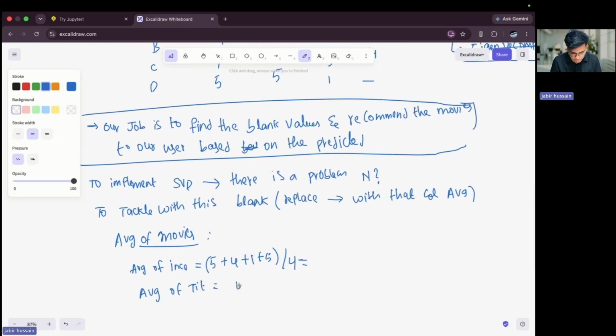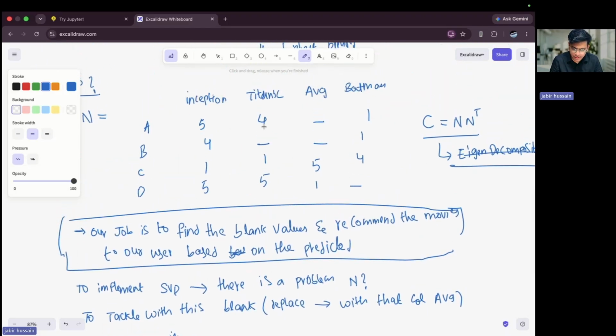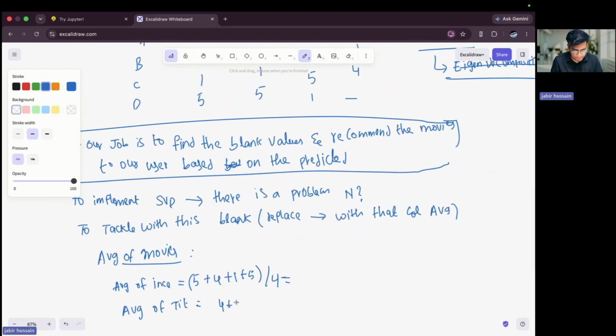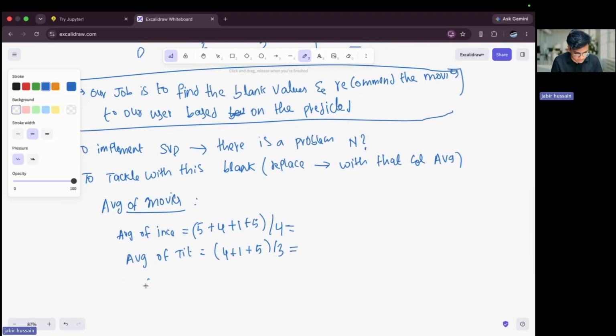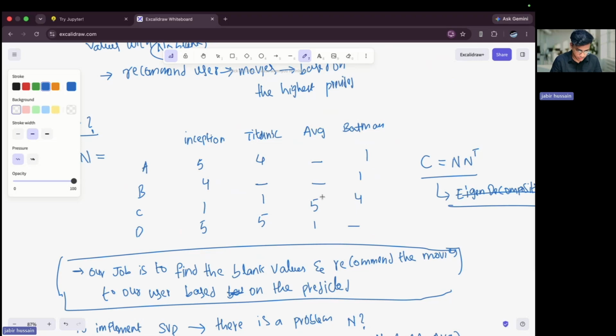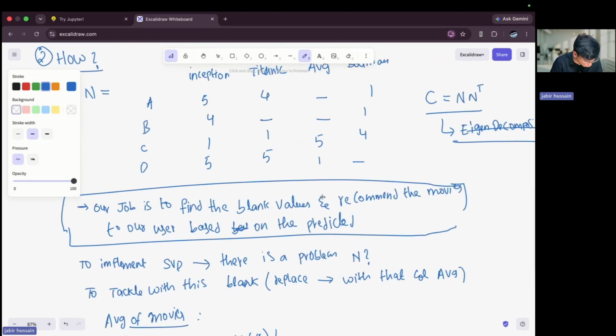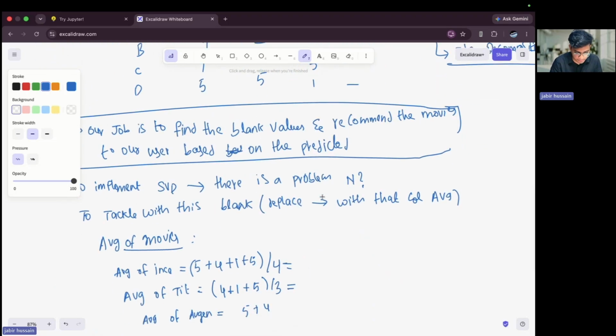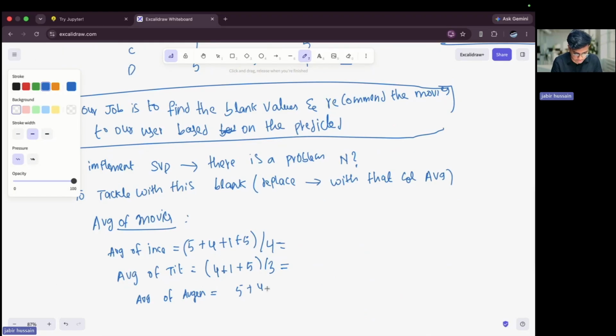Now the average of Titanic is 4 plus, we'll leave the blank for now, 1 plus 5, divided by 3. It will give you one value. The average of Avengers is 5 plus 1, sorry, my bad, so it will be 5 plus 1 only, divided by 2.